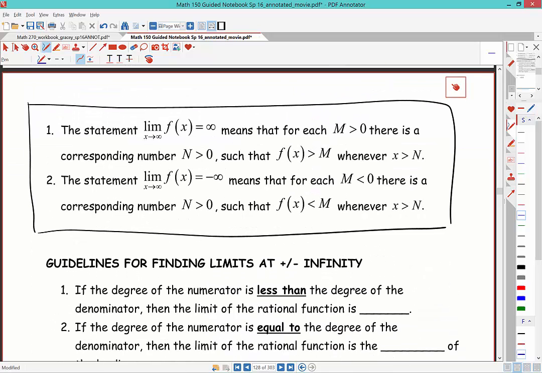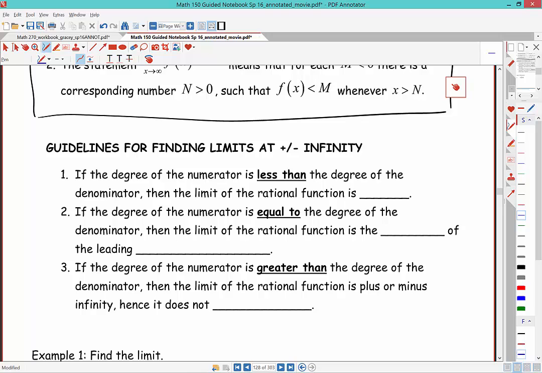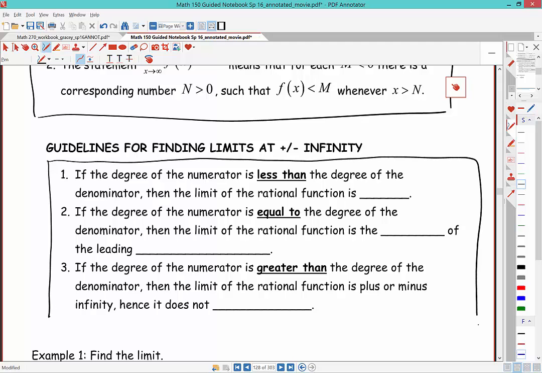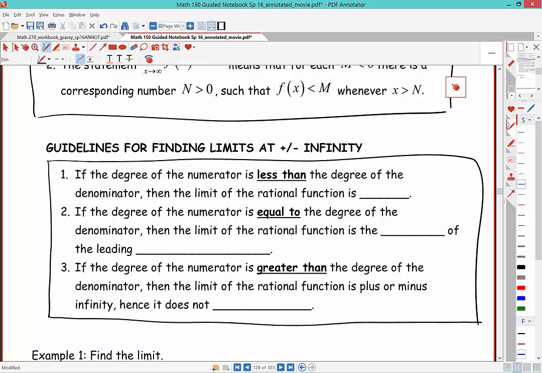Now, when you're doing curve sketching, we're going to have some big curve sketching problems, and they take a lot of time, so you want to make sure you allow enough time for your homework.